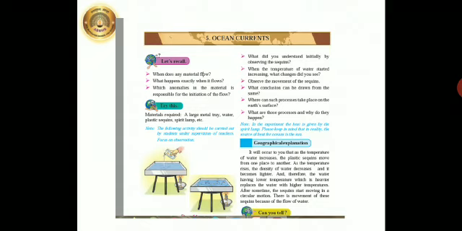Now, this happens because the temperature of water increases. Then the density of water decreases and it becomes lighter. Thus, the water which has low temperature, which is heavier, replaces the water with high temperature. So, where the heat is applied, the temperature is more and this water is light.